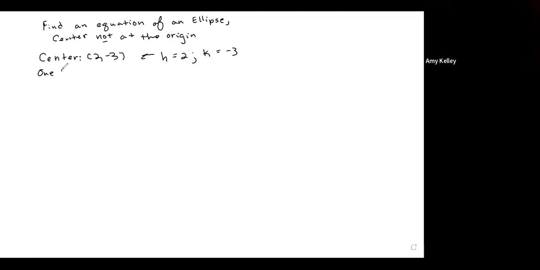We're also given that one focus is located at 3, -3, and one vertex is located at 5, -3.